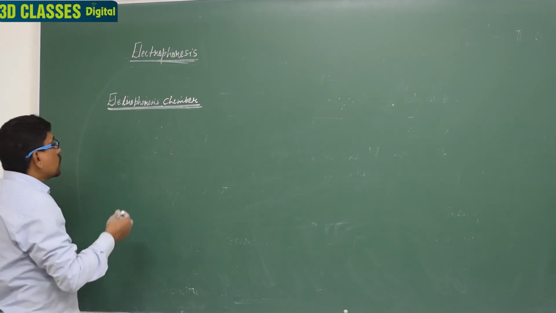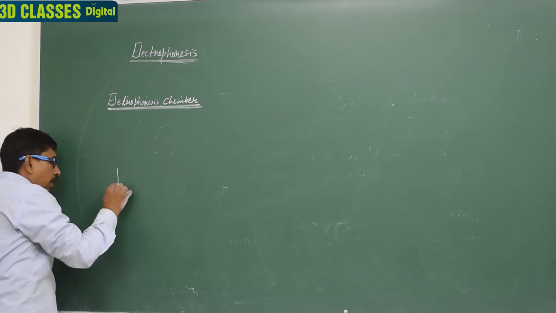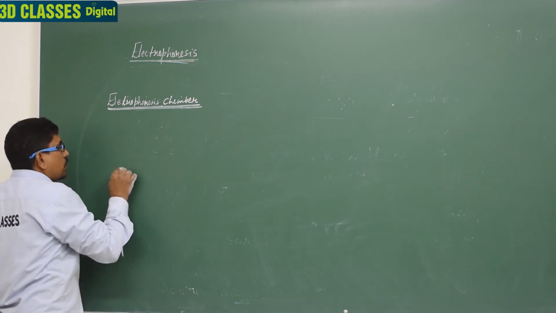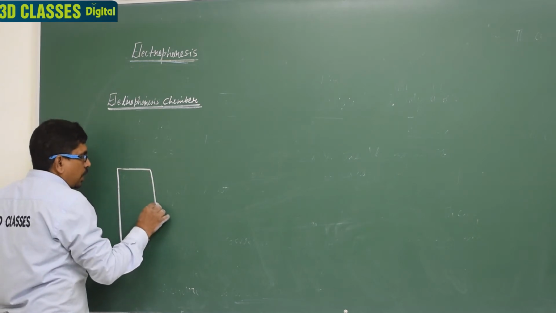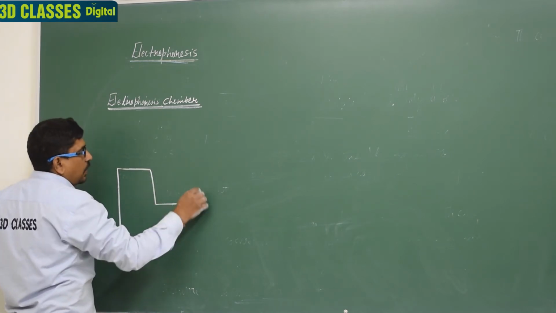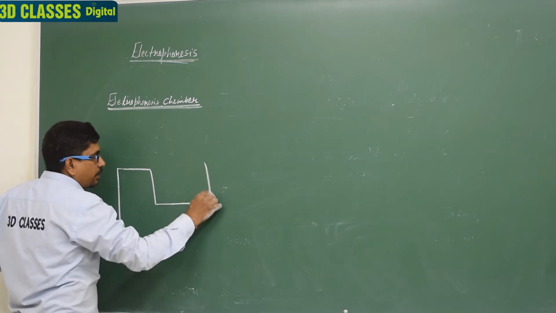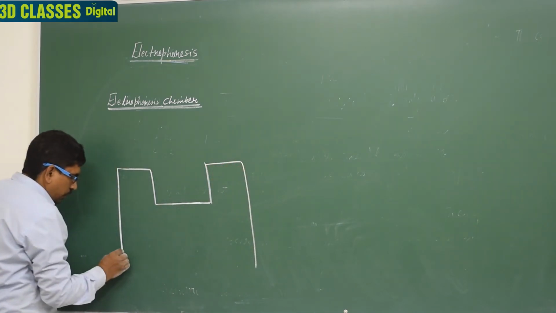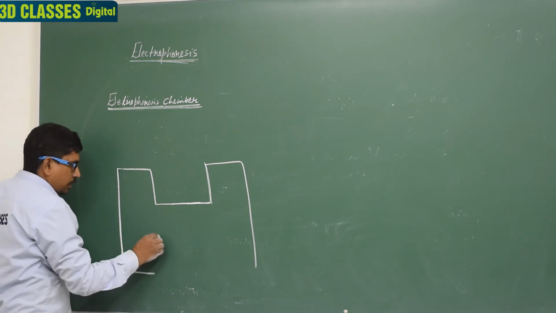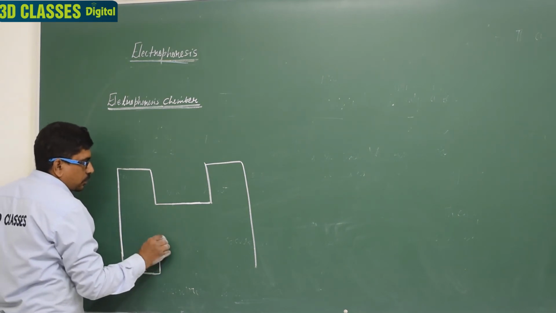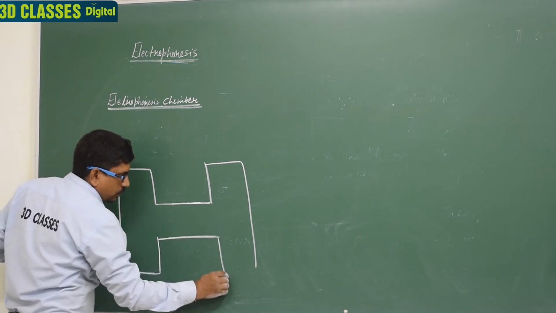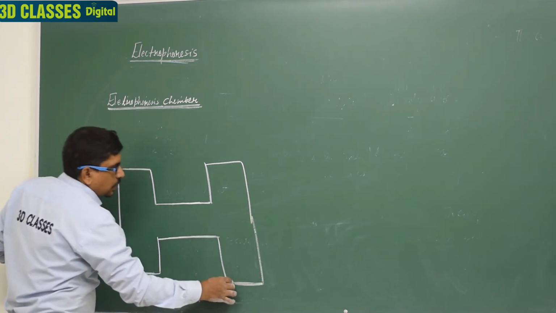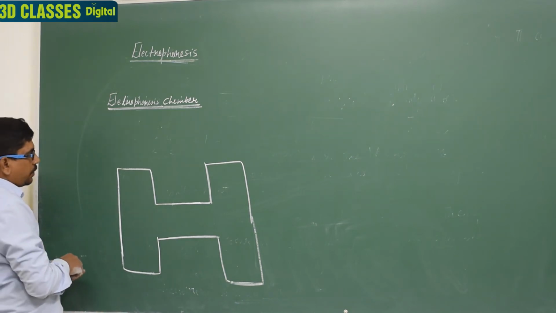Clear? So, here we make a diagram, and this diagram is an electrophoresis chamber. Generally, this diagram is H shaped. Like an H type, I work on this type of electrophoresis chamber. Clear? It is an H shape.